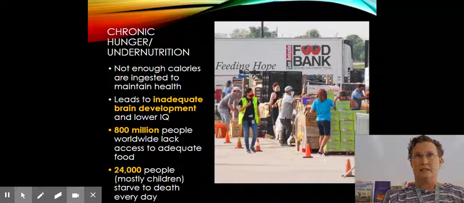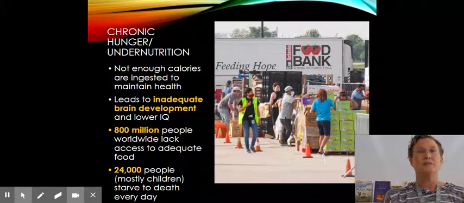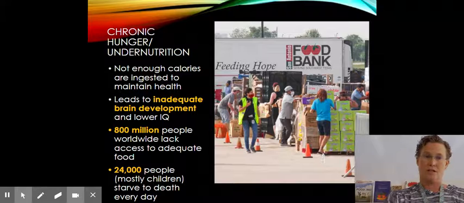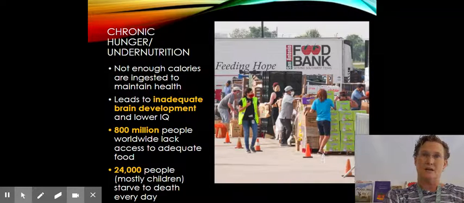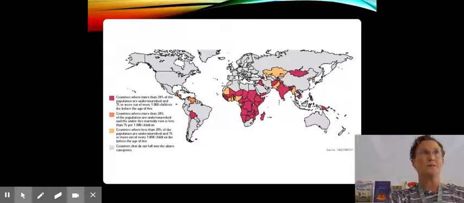So we are fortunate to live in a country that is developed where we do not have widespread famine, but we do have inequities and we do have malnutrition. So, like I said, this is pretty heavy stuff. You're going to learn a lot, and we will have some time to process and discuss this too.